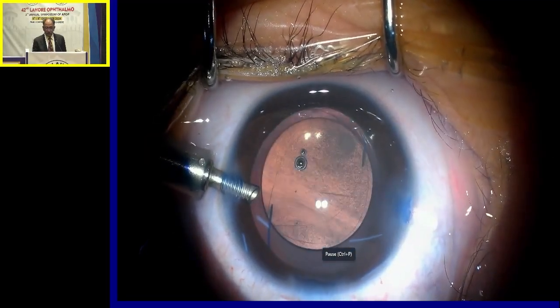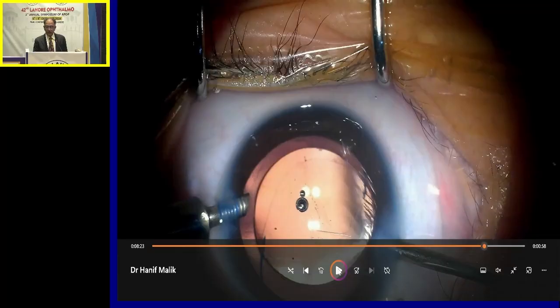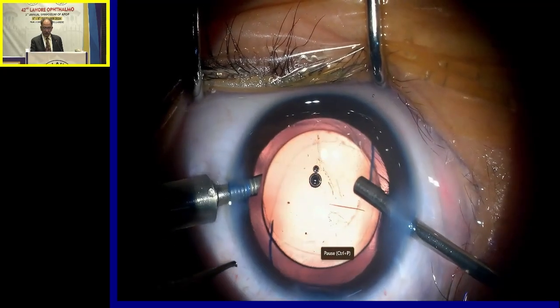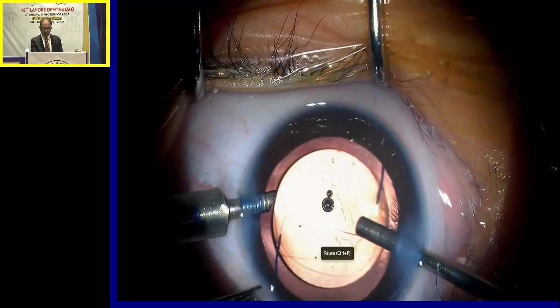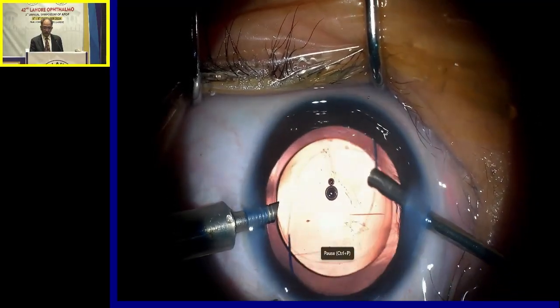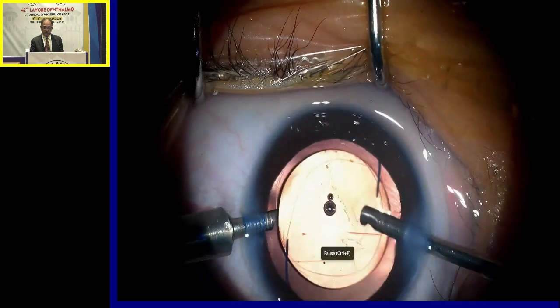When I did this rhexis, I used this Canaccord to make sure that there is no gel, no vitreous in the anterior or posterior chamber. So you see over here there were little tags of vitreous, so I cut them with my cutter, and this gives a better look.